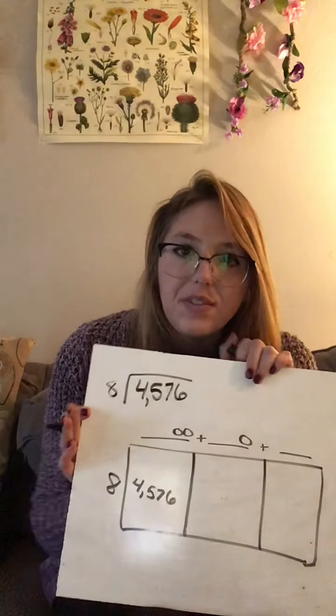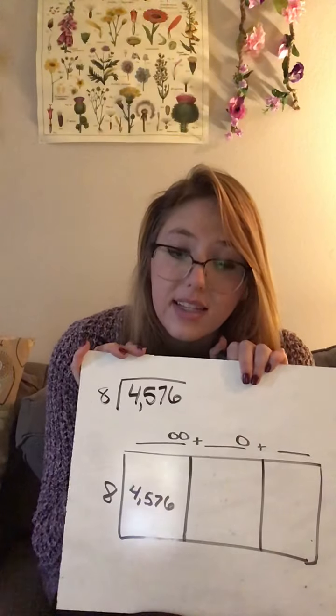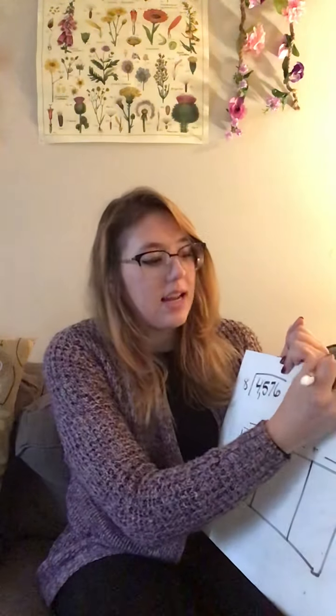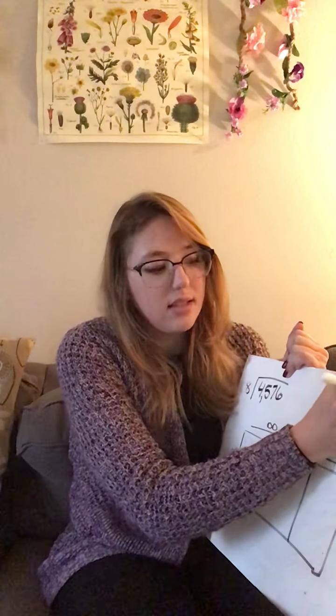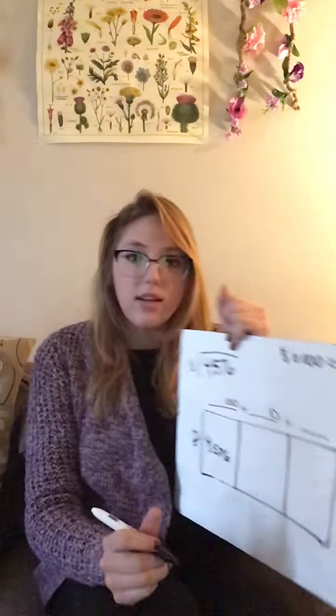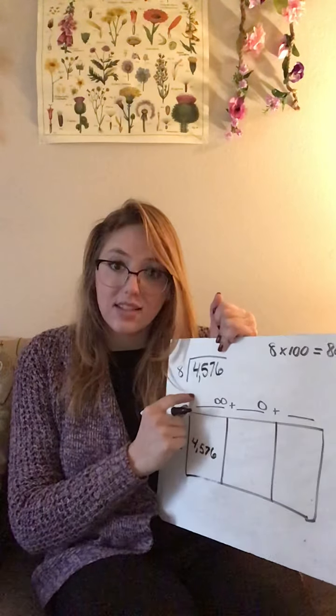How many hundreds of times can 8 go into 4,576? I can do my 8 facts starting with 100. 8 times 100 is 800. We can go bigger because we're looking for 4,576. Let's try 8 times 200.